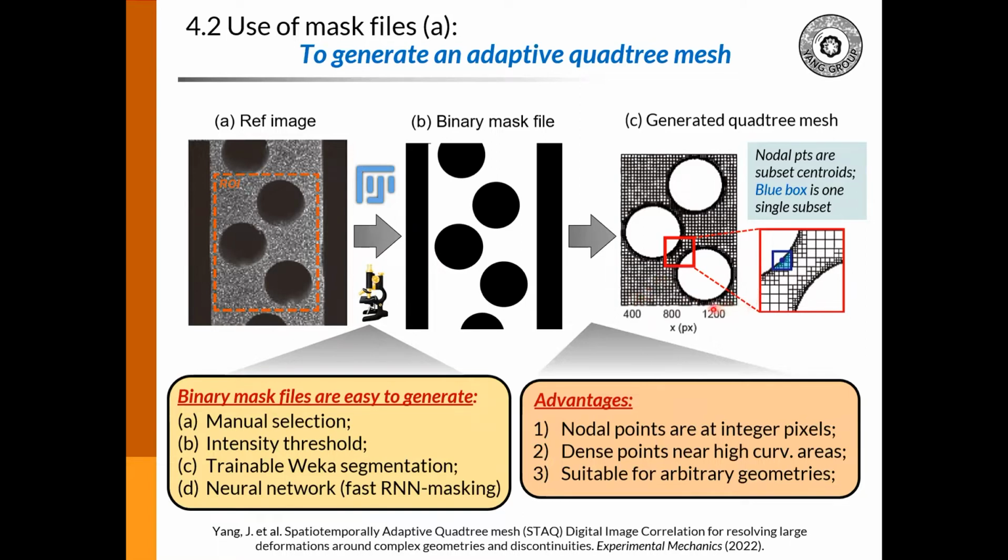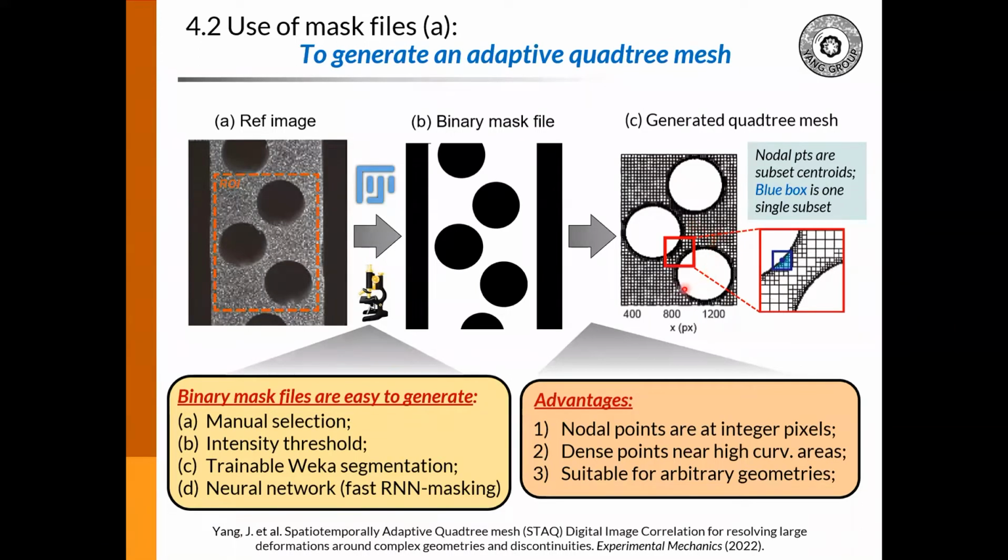If you choose the size of the square to be a power of 2, you can make all the nodal points sit at the integer pixels. And if there's an area of the specimen with high curvature, or near the boundary or complex geometry, you will have more nodal points there. Also, the quadtree mesh is quite general. You can use it for arbitrary geometries.